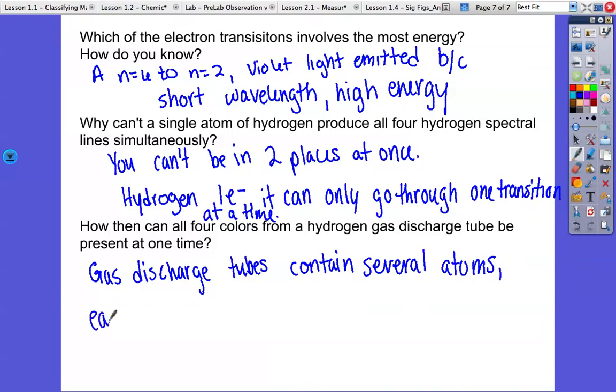And each atom of hydrogen can go through a different transition.